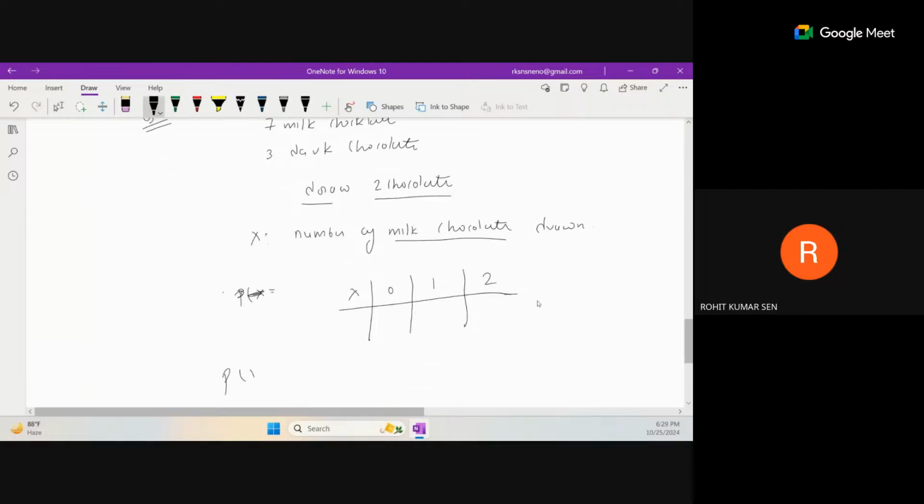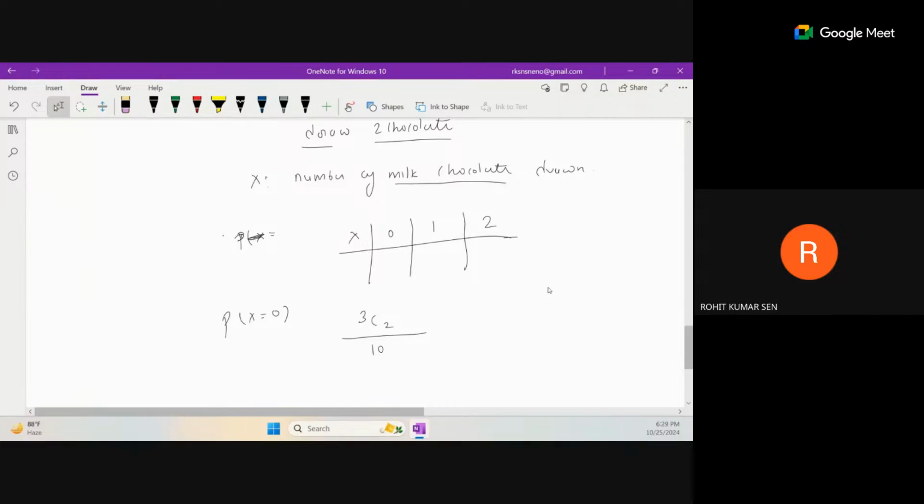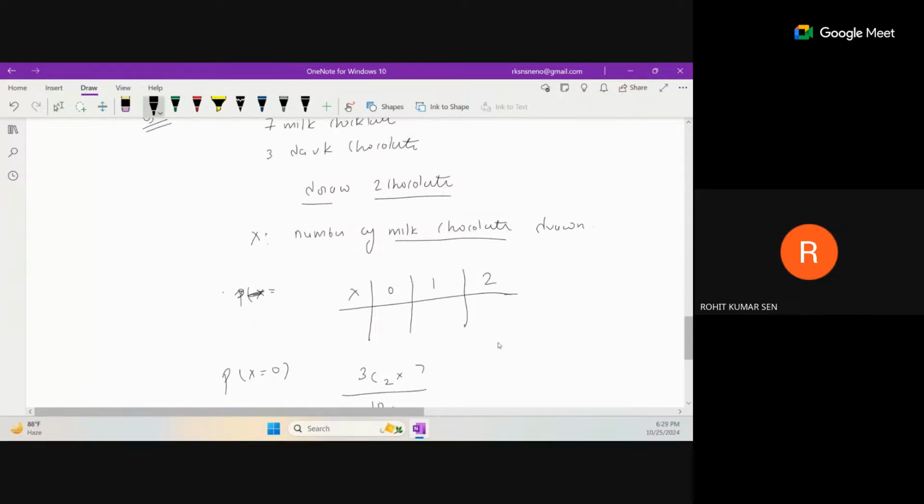What is the probability of x equal to 0? You have drawn no milk chocolate. You have drawn 2 chocolates and both were dark chocolate. We also write how many milk chocolates you have drawn, 0.